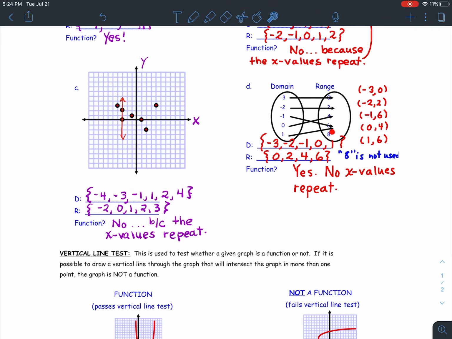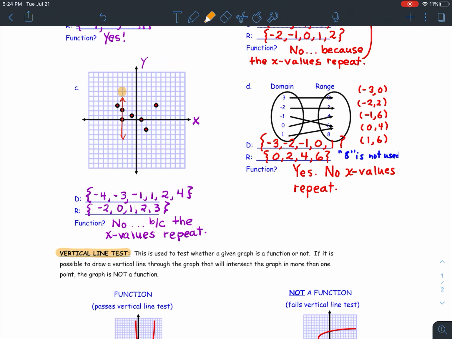Since the 8 really wasn't paired with anything, because this arrow is going to the 6, as is this arrow here. So you can see we've got some y values repeating, but I don't think we have any of the x values repeating. That's why we're saying that this is a function. And I'm not really actually including the 8 in the range because it really didn't show up in any of the points. Okay. But coming back to example C, this kind of leads into something that we call the vertical line test.